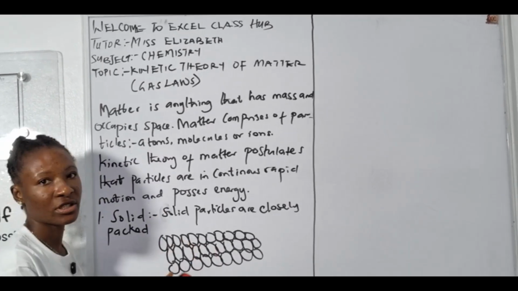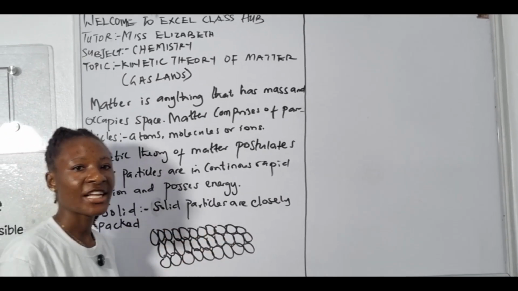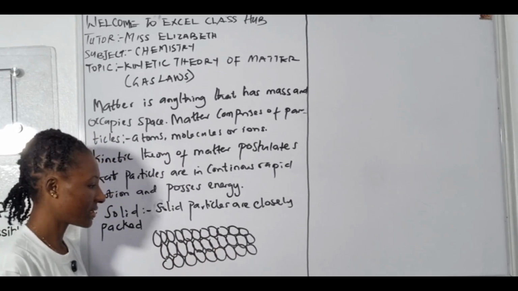These are what the particles of solids look like. They are closely packed. They have definite shape, definite volume, they cannot be compressed, and they are very dense.